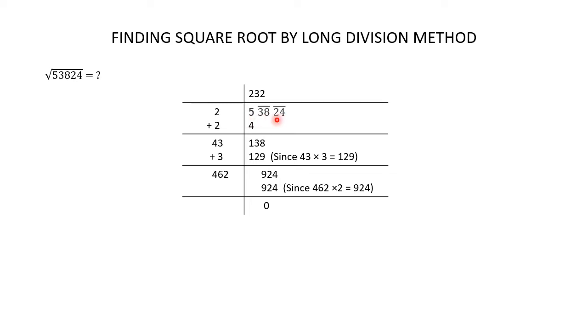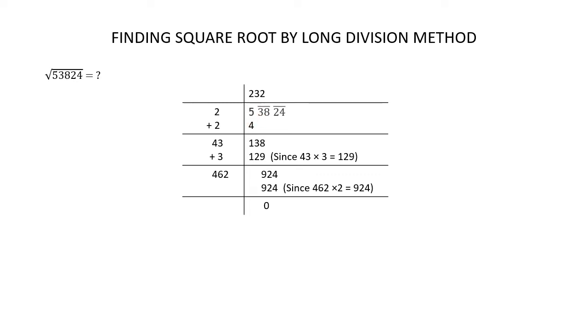So you can pair 2 and 4 into one group, 3 and 8 into another group, and since there is no other digit along with 5, you can take 5 as it is. So you have 24 as one group, 38 as another group, and 5 you will consider as it is.